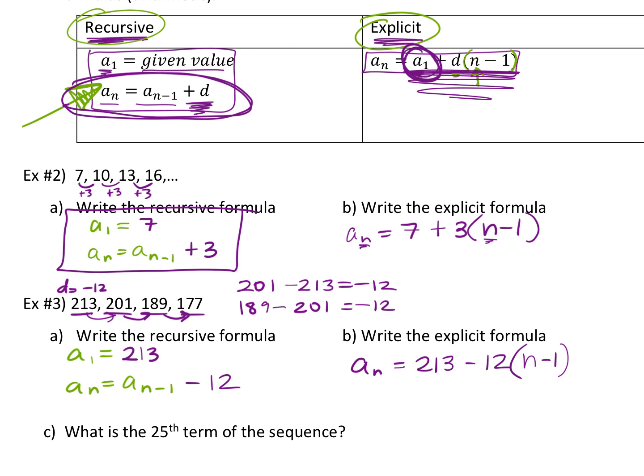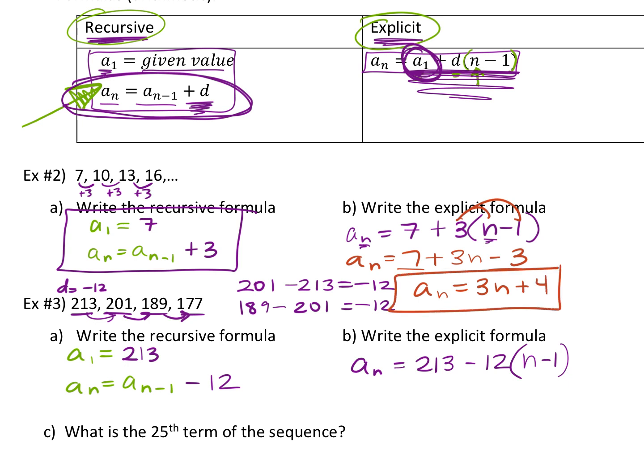From here, oh, I didn't simplify. We should simplify. We should have simplified up here too. Sorry. Let's simplify this. The one before it, 7 plus 3n minus 3. So a sub n equals 3n, 7 minus 3 is a positive 4. Sorry, I want you to simplify those.